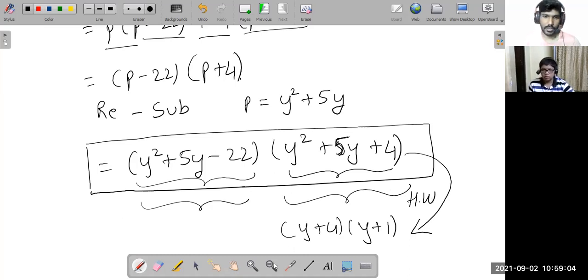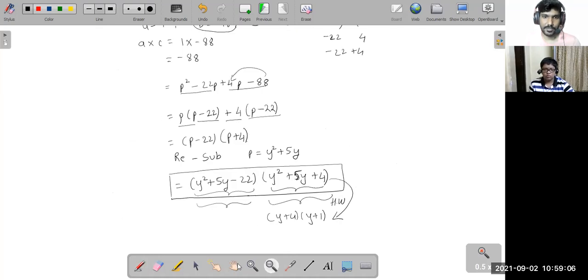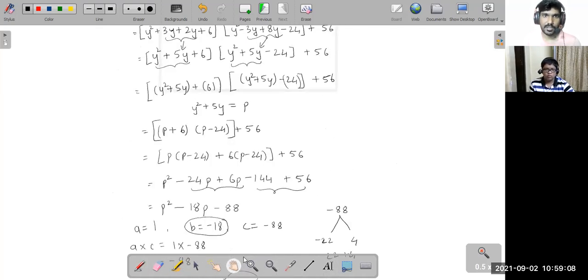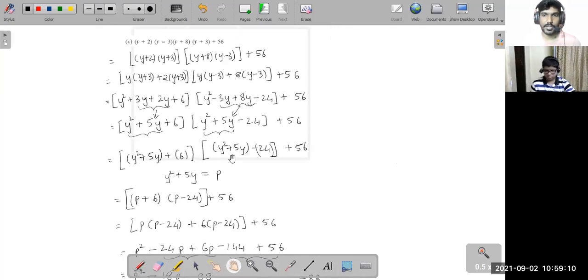Write down this entire sum first. It's a lengthy sum, but it's easy.